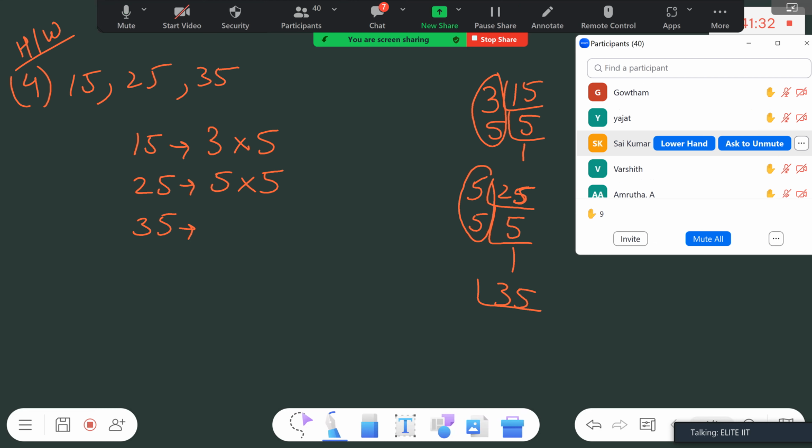Sai, stay online, don't mute. Sai, unmute yourself. 35 you cannot divide by 2 or 3. You can sit on one.